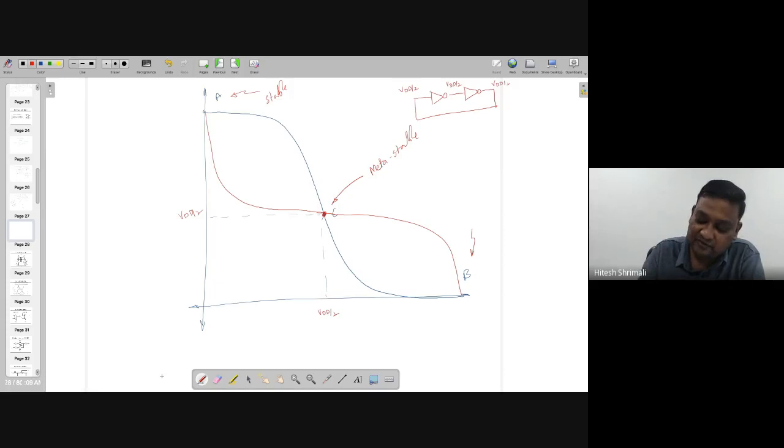You might have some plus or minus delta change. That delta change will change these values, and after a few iterations, one after another, the output will be either 0 or VDD, or you can say point A or B, which are the stable ones. That is what we have covered in the previous lecture.